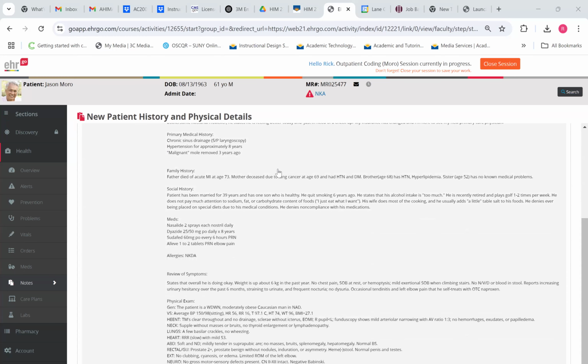After the history, we should read the family history and social history. Will give us some clues. Mother died of an acute MI, mother deceased due to lung cancer, had hypertension, diabetes, brother 68 has hypertension, hyperlipidemia, sister has no known medical problems.